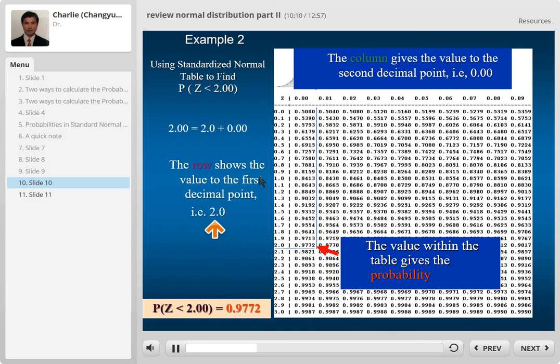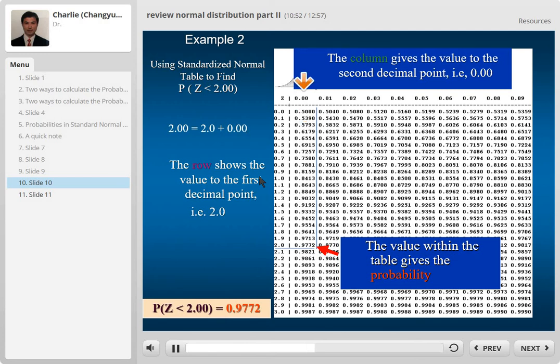If we look at the first column of the table, it goes all the way down to 2.0 here. And then in the first row here we find 0.00, which is the second decimal point value.